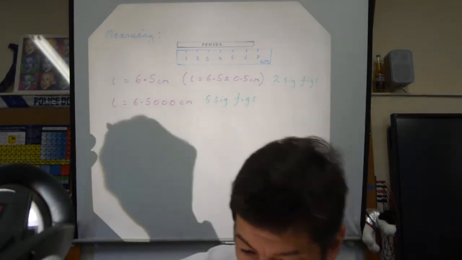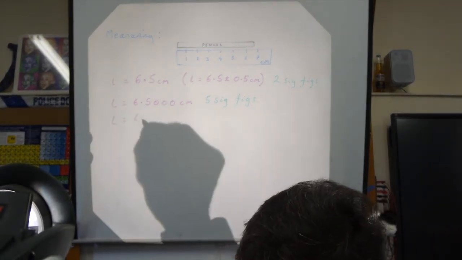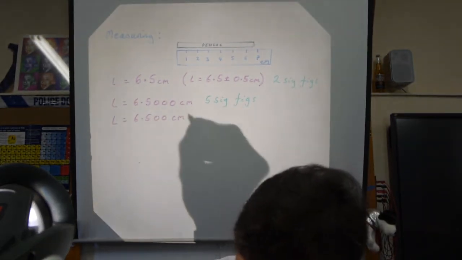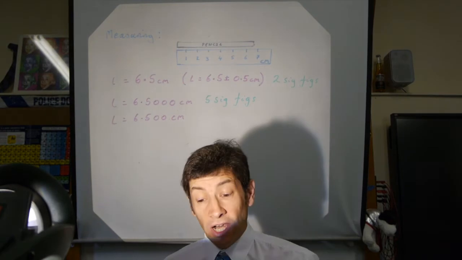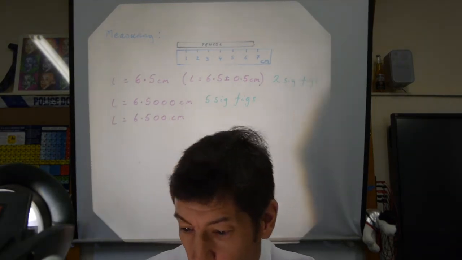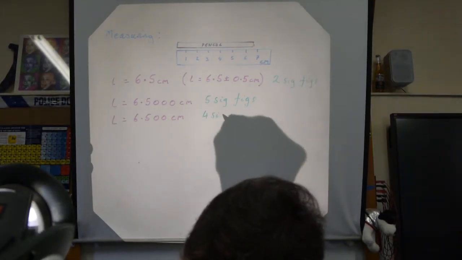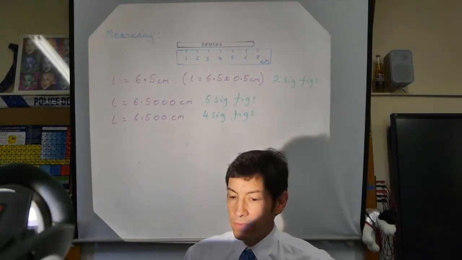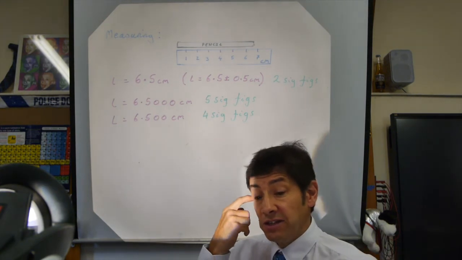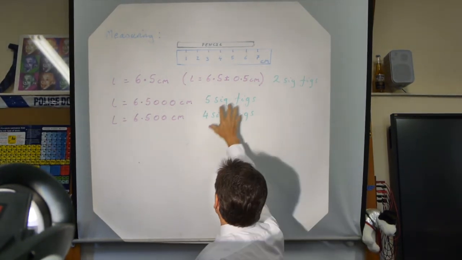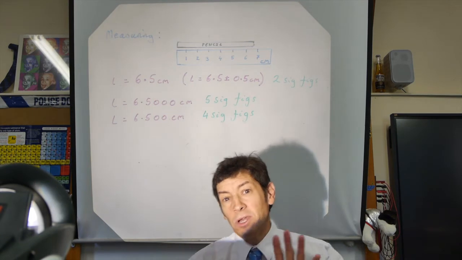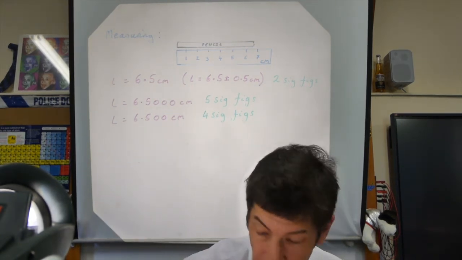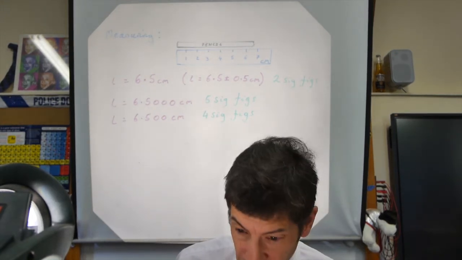If we did it like this, the length is 6.500 centimetres. You can see clearly now that that's 1, 2, 3, 4. That's measured to 4 significant figures. But I think the best thing to do is to say, look, with the ruler that we've got that is plus or minus half a centimetre, we can only really measure to 2 sig figs.